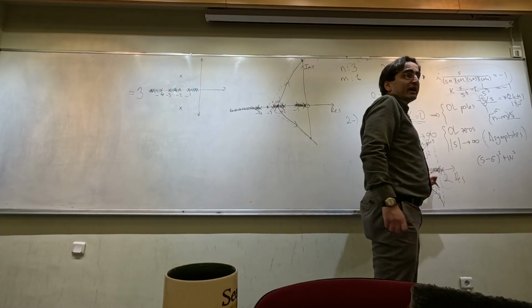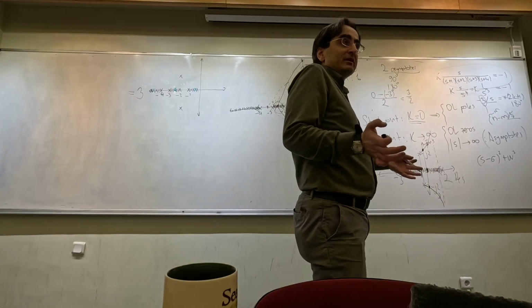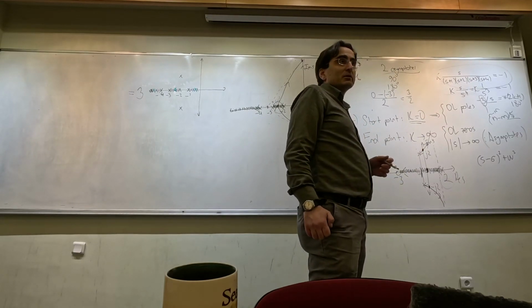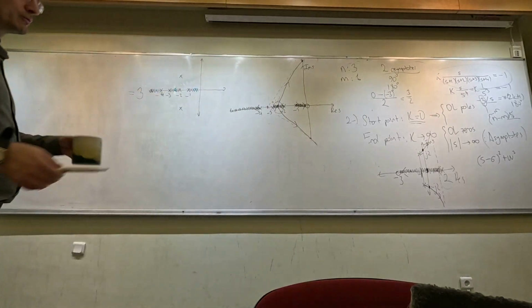Okay, depending on the k values there, I can determine a stability range. But sometimes it might be that for any positive k value, the closed loop system is unstable. There might be such a system, and this might be one of them.